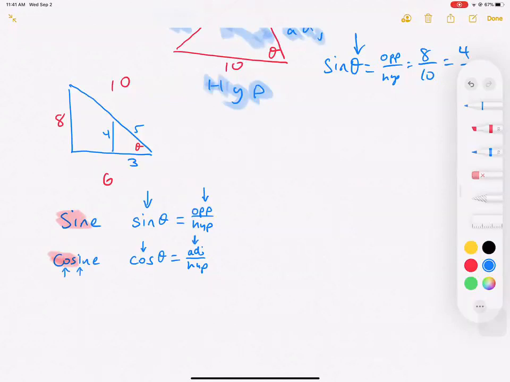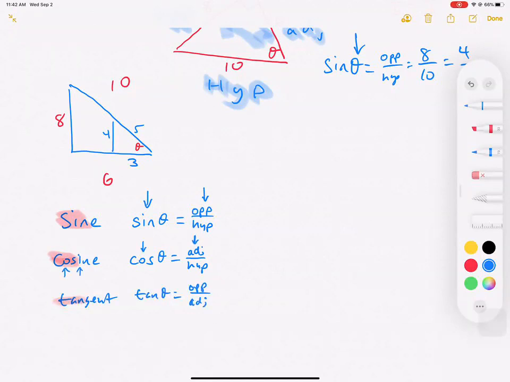So your co-buddy, your co-pilot, your co-worker is adjacent. And then we have one more called tangent. And again, we're taking the abbreviation TAN. Tangent of theta is opposite over adjacent. Tangent has nothing to do with hypotenuse. It went off on a tangent.